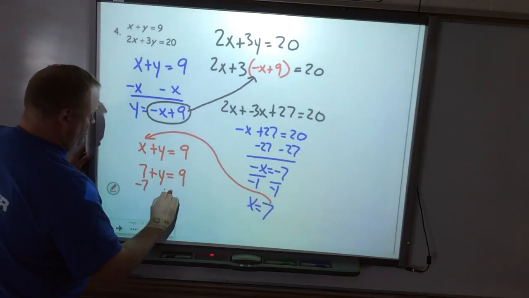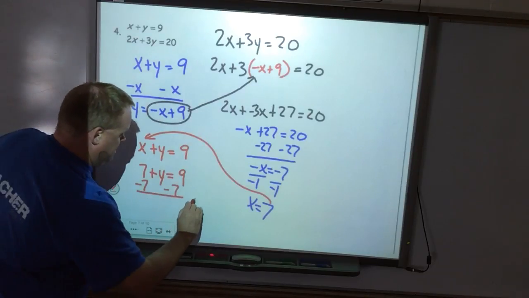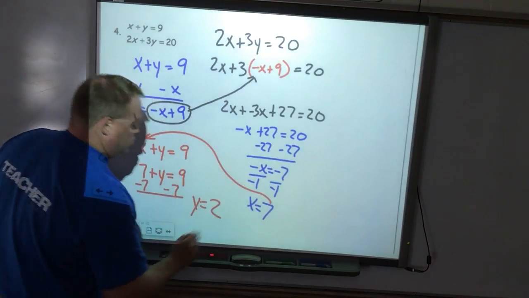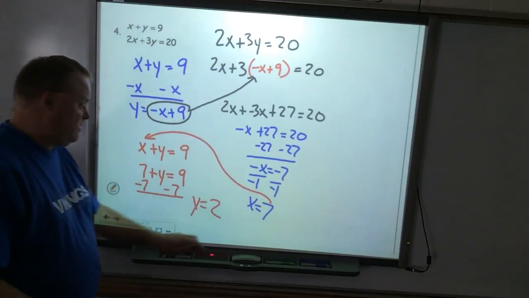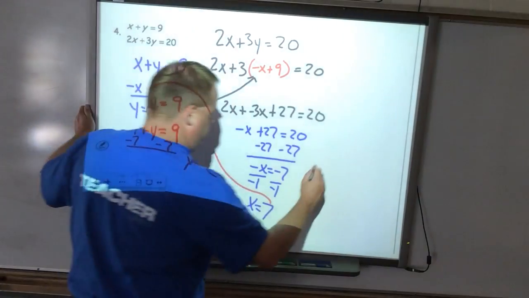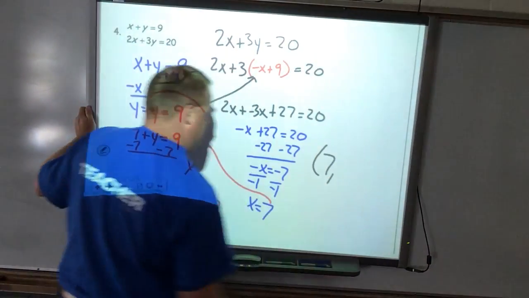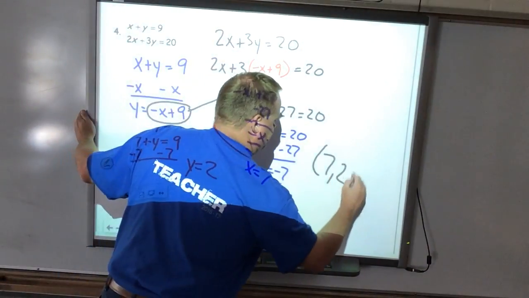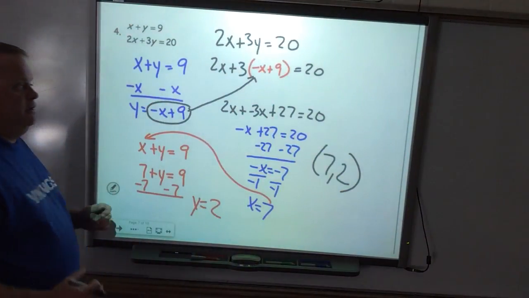Take that 7, move it to the other side by subtraction. Gives me y equals 2. Well, that tells me that I've got an x of 7 and a y of 2, which means that my ordered pair is 7, 2. And I am all done.